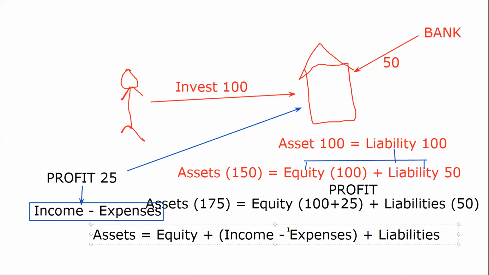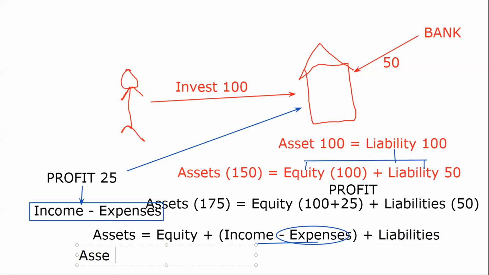Then further, we can do adjustments for this equation. We can take this expense to the other side because it's minus. To make it a positive value, we change the sign.